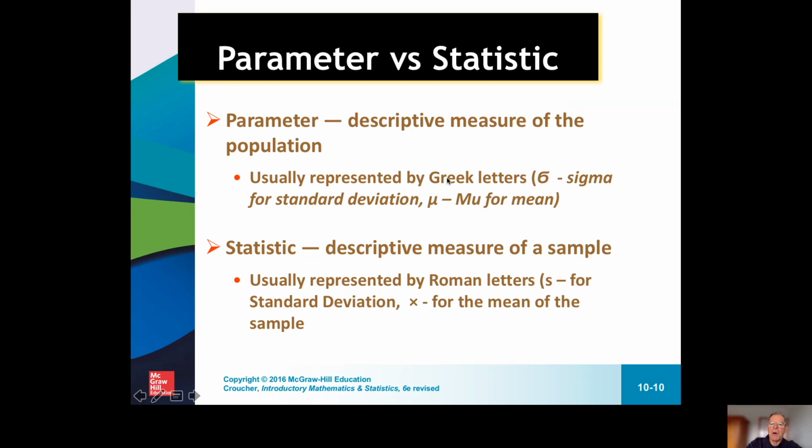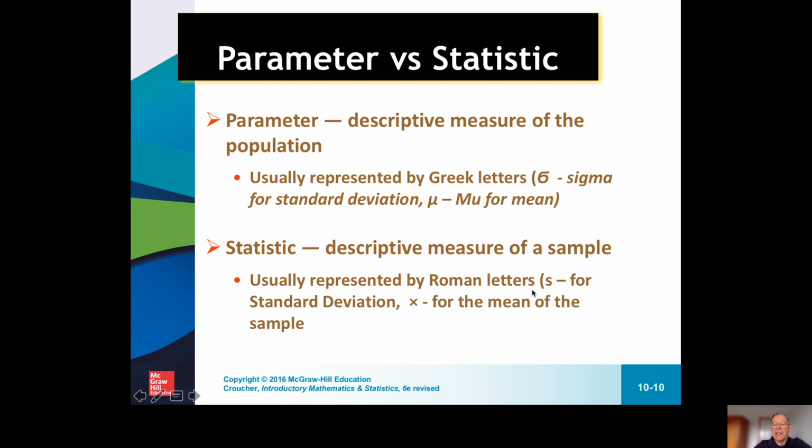Notice too that a population, you can always pick it up. If you see this Greek letter sigma in any of the notation, in any of the formulas, on your exam sheet, formulas, textbook, whatever, it means the population standard deviation. If you see this mu, Greek letter, it's the population mean.